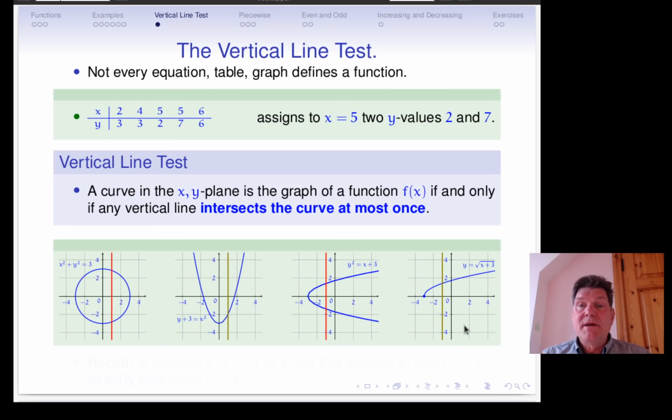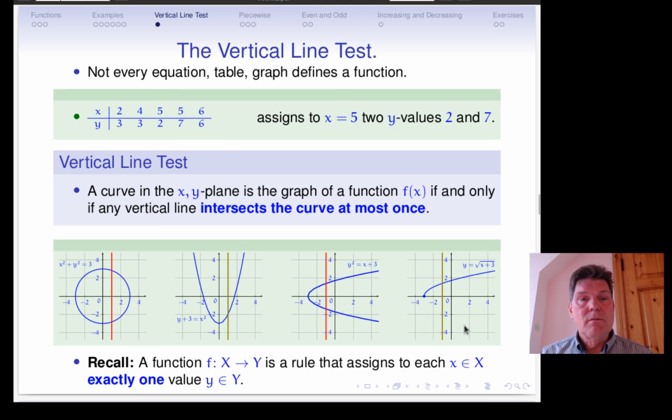That's the basic setup, function language, and what properties a function should have, how it can be represented in the different ways. The next video will be about properties of functions. And just to finish up here, the vertical line test expresses exactly how we set up a function earlier in this video.